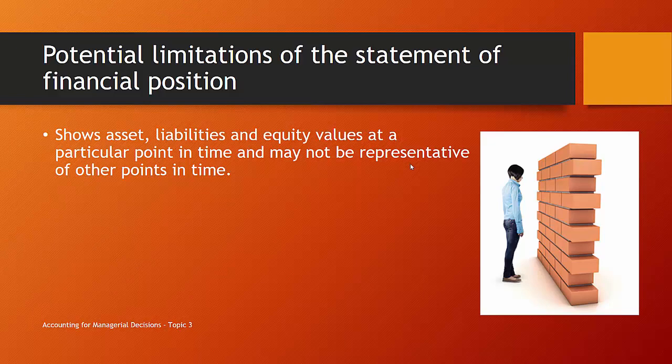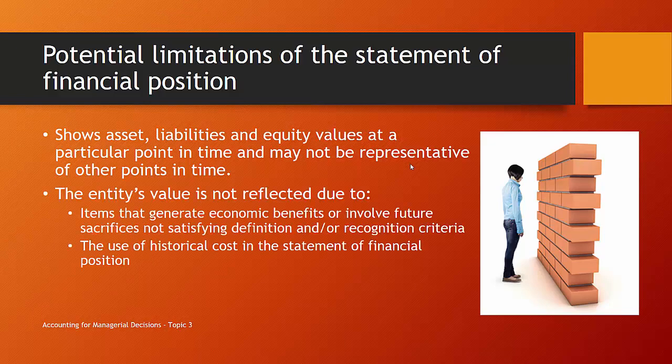And like we know, we're looking at photos in general. Photos, if taken at the wrong point, or the wrong angle, may not show quite the reality. So that's something to be aware of here. The entity's value is not reflected properly. And this may be because, as we would have touched on early on, not every item that is a benefit or potentially involves a future sacrifice actually meets either the definition or the recognition criteria.